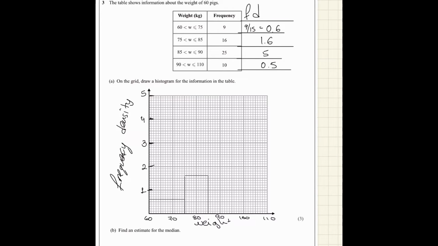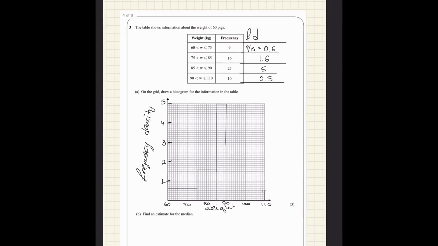Then you've got 85 to 90, it goes to 5. And then 90 to 110, it goes to 0.5. Okay, done. I've done a histogram.